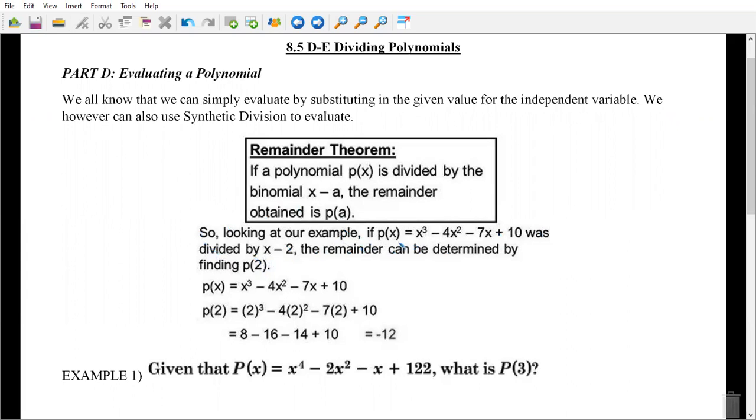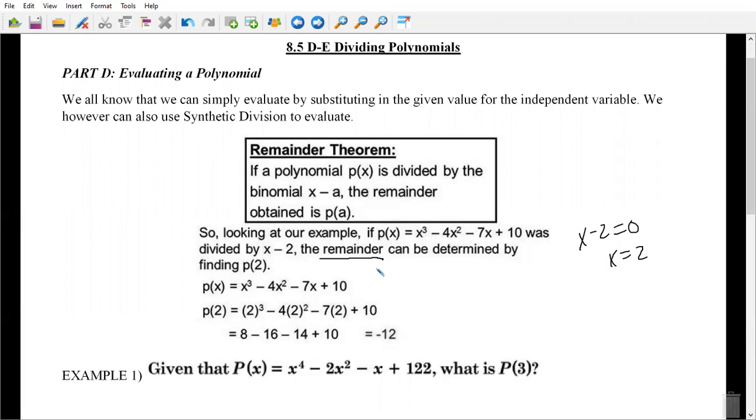For example, if I was dividing x cubed minus 4x squared minus 7x plus 10 by x minus 2, and I wanted to know what the remainder would be, I could plug in the zero. So I would have x minus 2, set it equal to 0, get x equals 2.